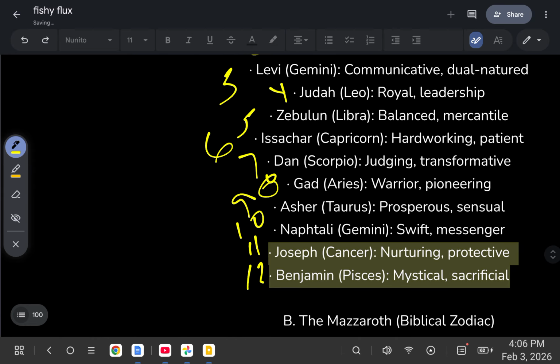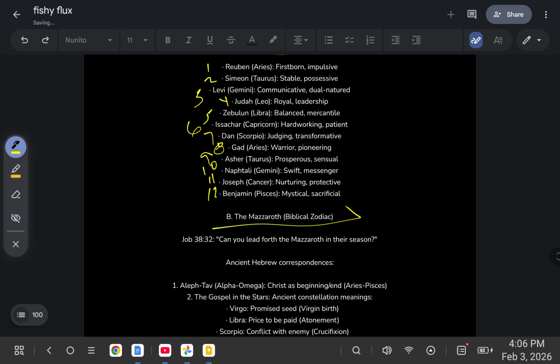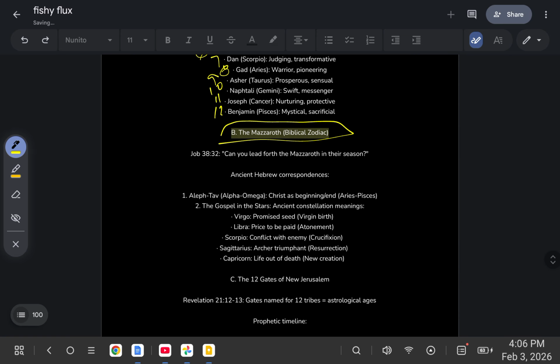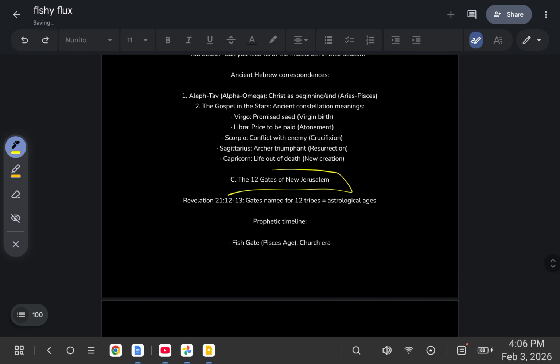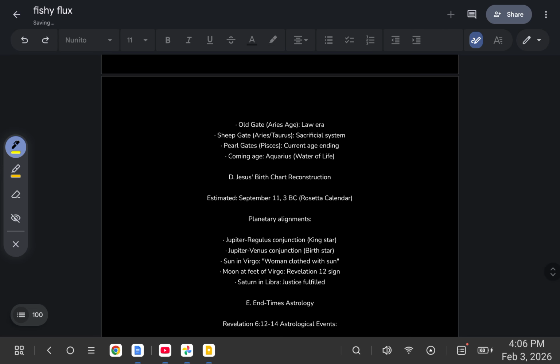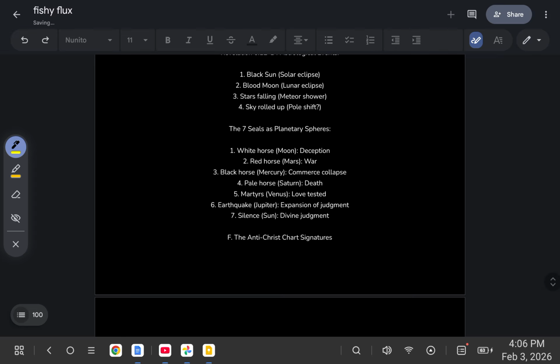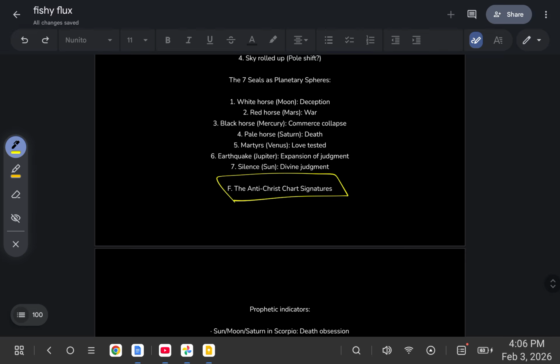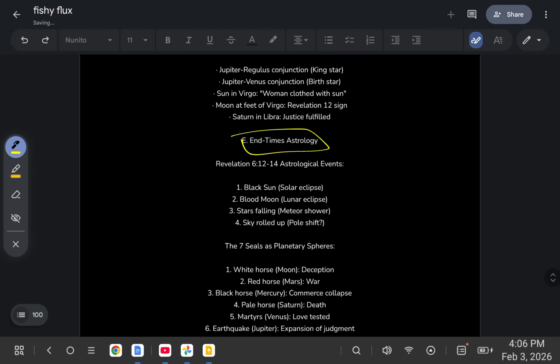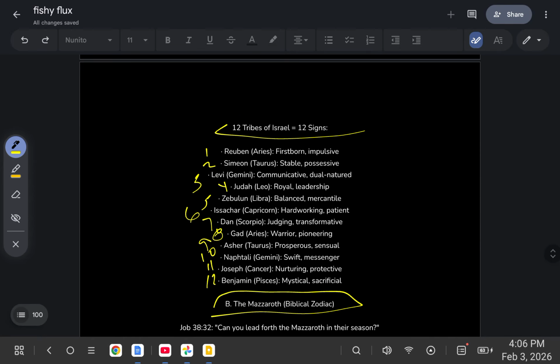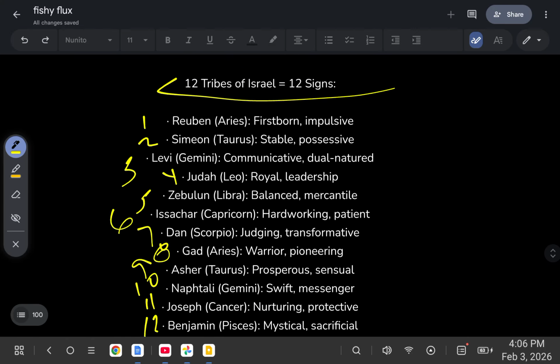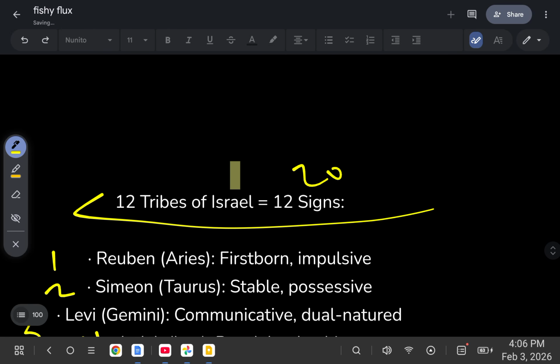So there's 12, and then we have the Mazzaroth biblical zodiac. We also have the 12 gates of New Jerusalem, Jesus' birth chart reconstruction, end times astrology, the Antichrist chart signatures. We're going to get deep into religion with this. So first, let's look at the 12 tribes of Israel, equaling the 12 zodiacal signs.